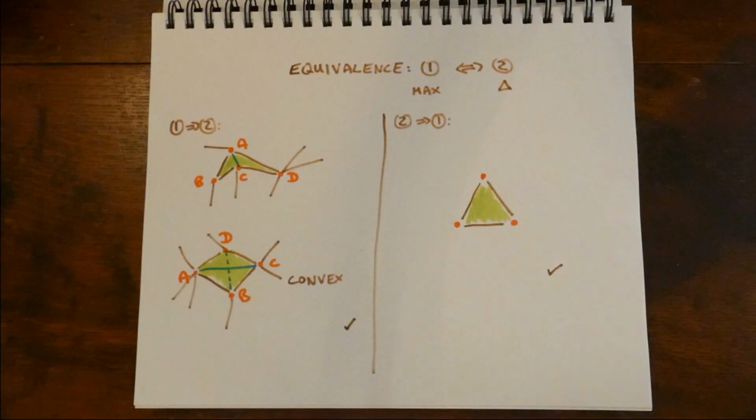And if the faces are even bigger, then there are even more ways to add more edges. So a triangulation is a maximal plane geometric graph or a plane geometric graph with only triangular faces. And both of these definitions are equivalent.